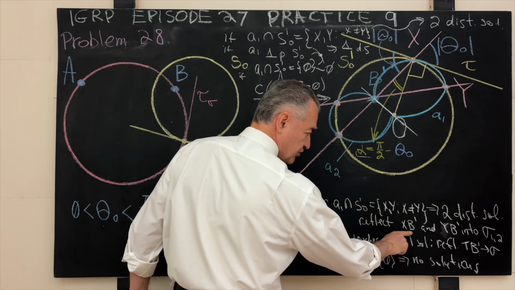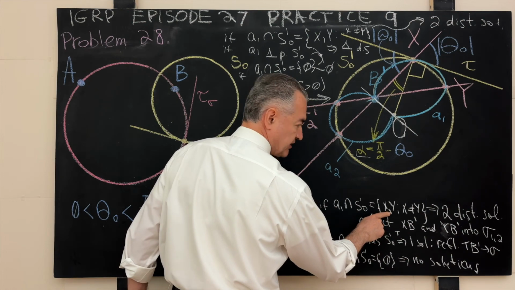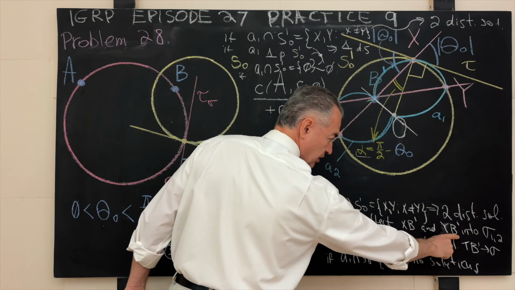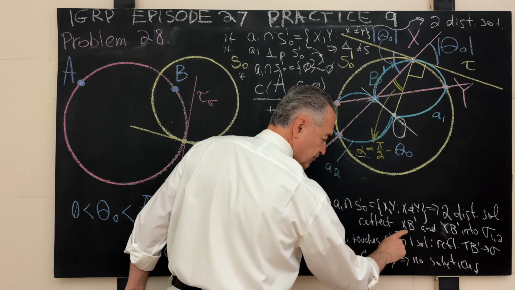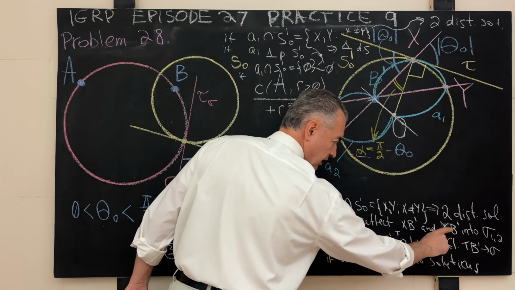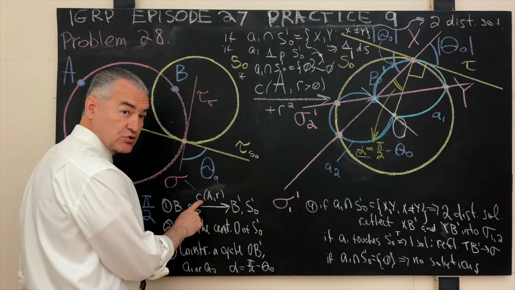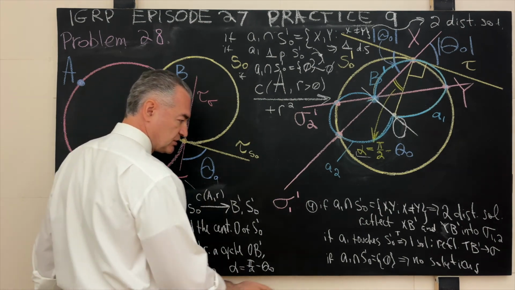Well, snap a straight line through the point B prime and the first point from the set x, and snap the second line through the point B prime and the second point in that set y. So take the straight lines xB prime and yB prime and reflect them in the same circle, back into the solution circles. Game over, two distinct solutions.